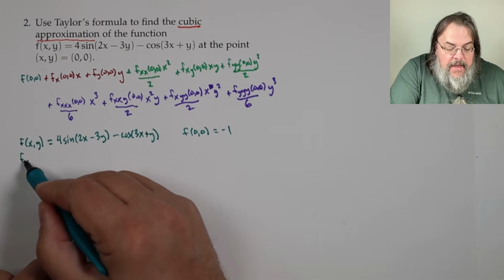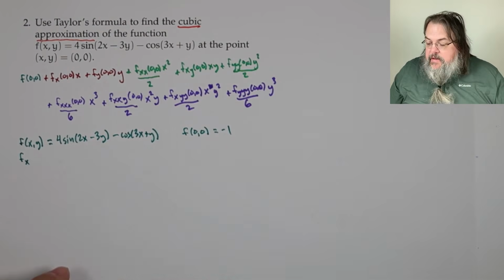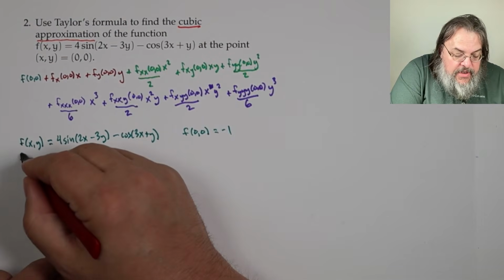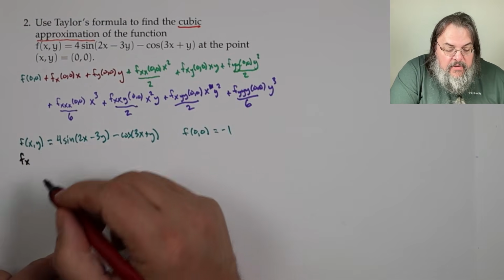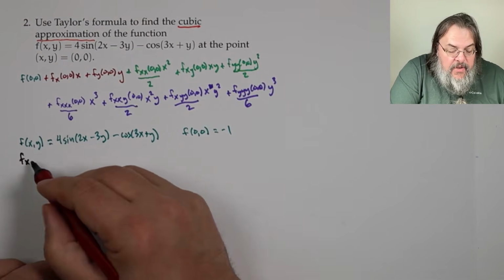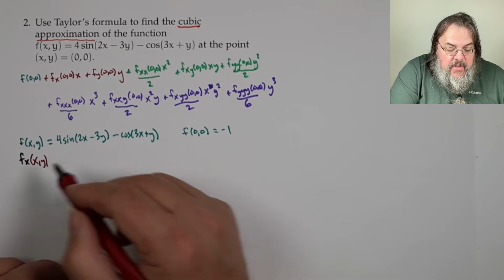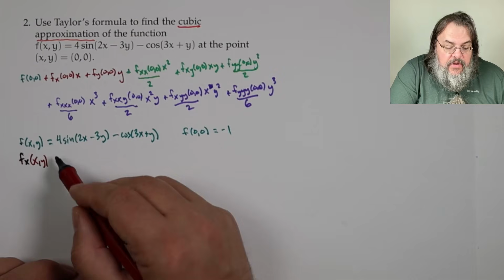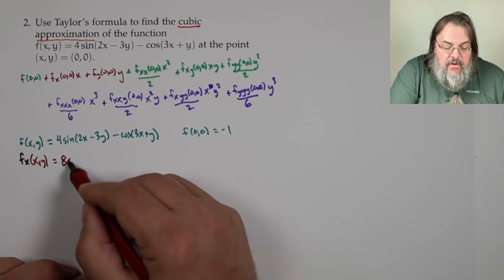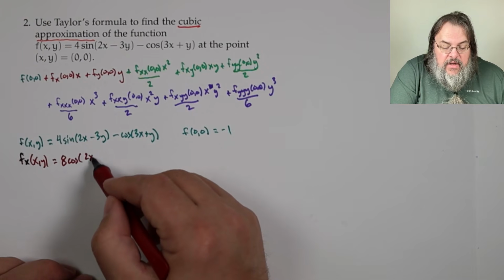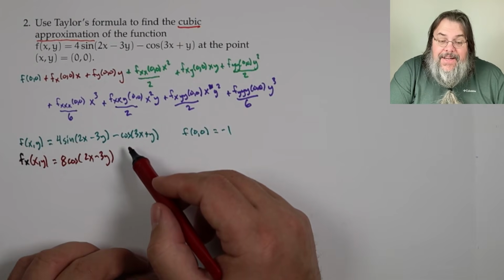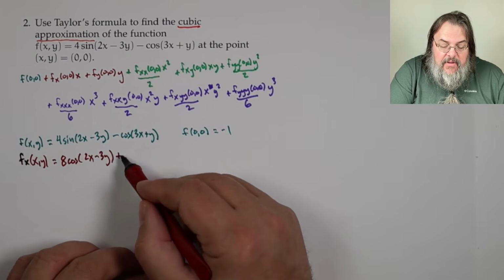F sub x. And I should switch colors, so I'm going to switch to the reddish color. F sub x. All right, going to our next term. So taking the derivative with respect to x, well, derivative of sine is cosine. Bring out a 2. So we get 8 cosine 2x minus 3y. Derivative of cosine is a negative sine, so this will become a plus.